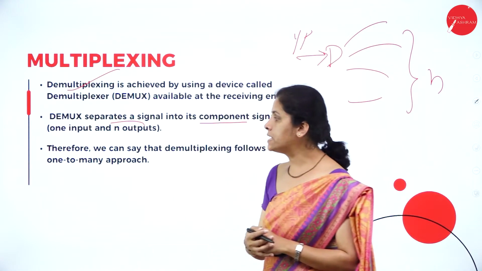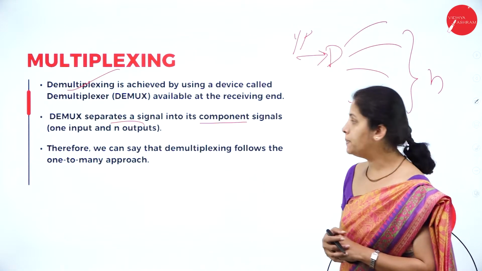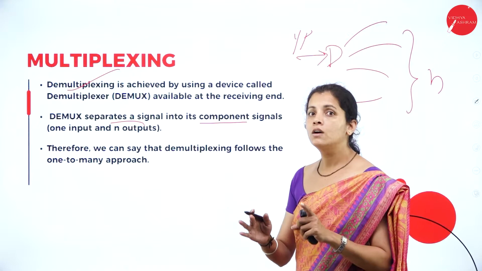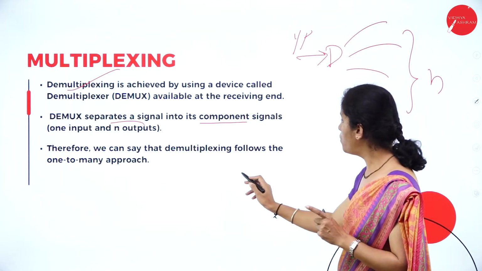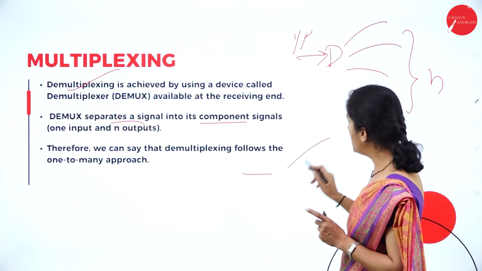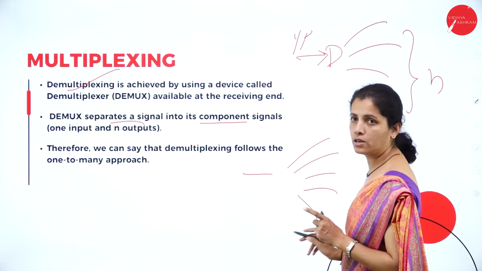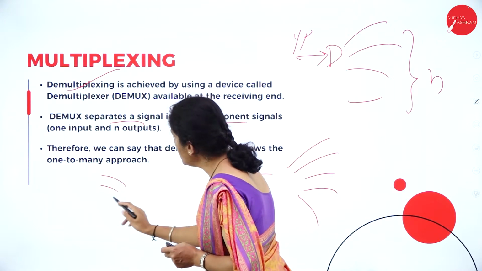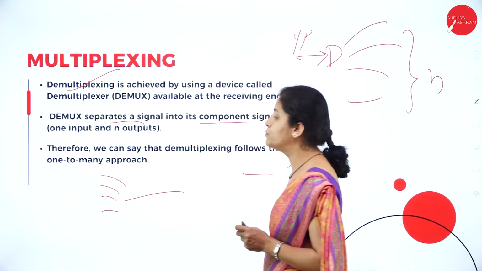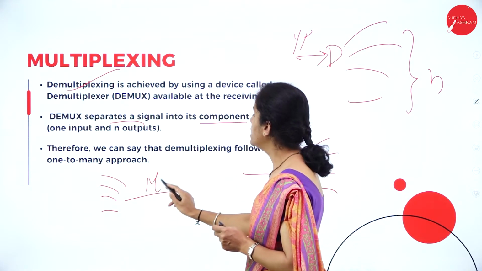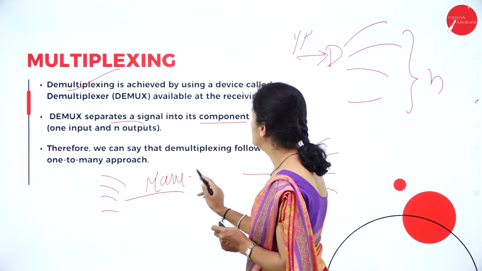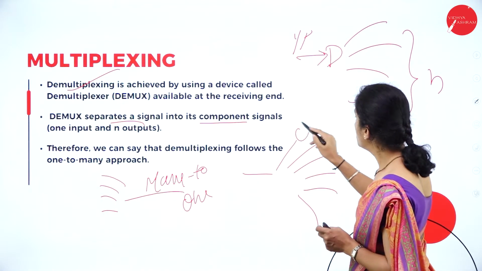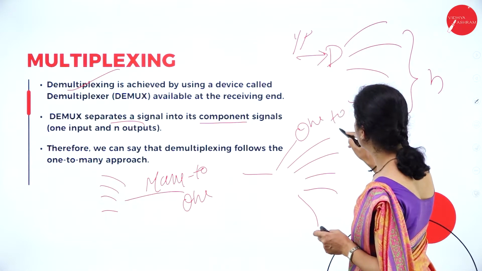Therefore, we can say that demultiplexing is one to many: one input, many outputs. But if I consider the multiplexer, it is many inputs and one output. So it is many to one, and here it is one to many.